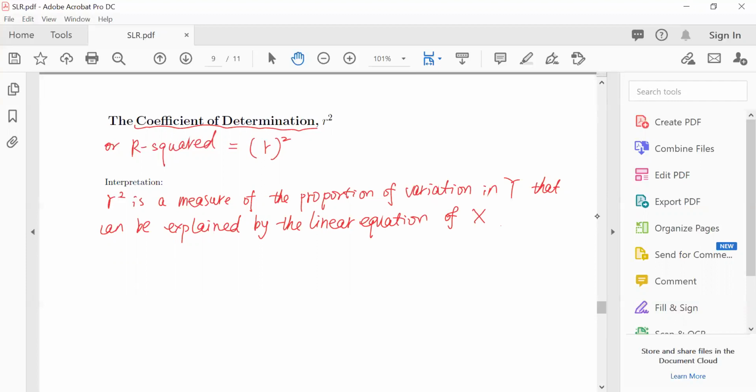For example, in our pH and arsenic removed example, we are trying to study the relationship between the pH value and the arsenic being removed, right? So we are trying to explain the change of arsenic being removed by the changes of pH values. And this is a good explanation.